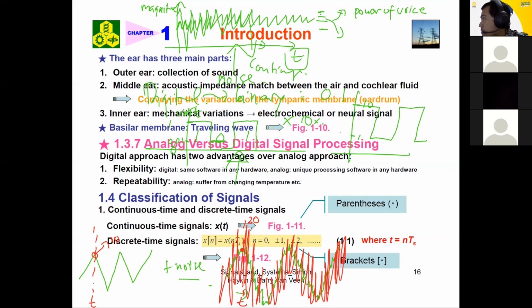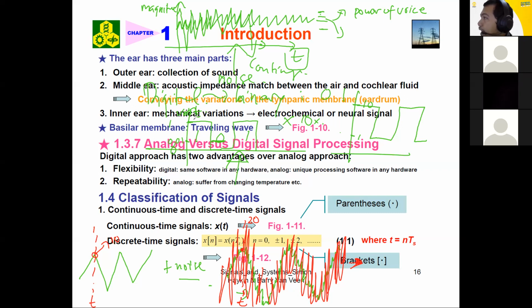And then we want to reconstruct. Actually, this kind of signal is very difficult to reconstruct. Even if this is the audio signal, the output voice from the speaker is not so clear.